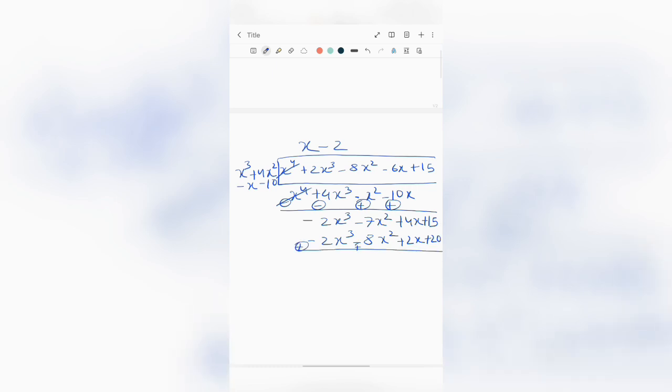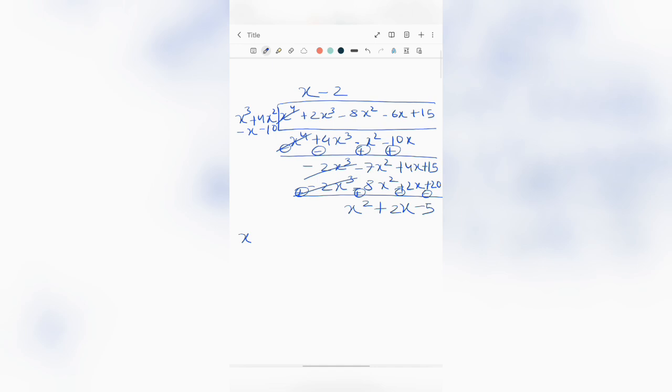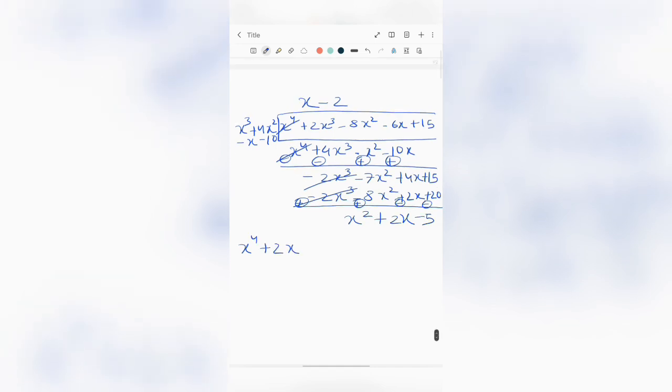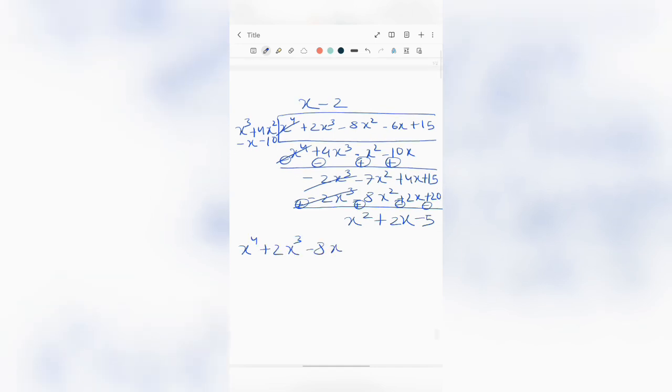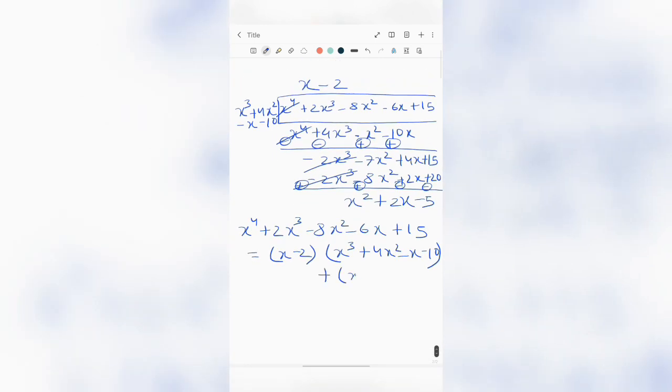The remainder is x square plus 2x minus 5. So we can write this polynomial as x to the power 4 plus 2x cube minus 8x square minus 6x plus 15 equal to x minus 2 into x cube plus 4x square minus x minus 10, plus the remainder, that is x square plus 2x minus 5.